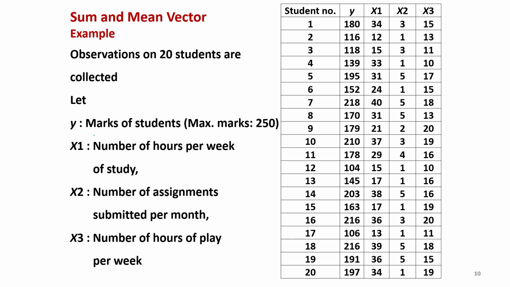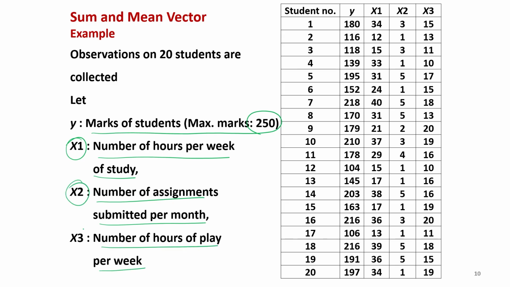The marks of a student scored out of 250, the number of hours of study in a week, indicated by x1, the number of assignments submitted in a month, that is x2, and the number of hours of play in a week, that is x3. So these 20 observations are like this: student number 1 has studied 34 hours in a week, submitted 3 assignments in a month, played 15 hours in a week and has got 180 marks.